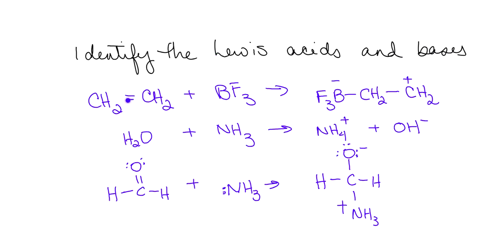This must have donated a pair of electrons, in the form of a pi bond. So who accepted it? Well, the boron accepted it. That's why I have a negative formal charge. So this donates a pair of electrons. This is my Lewis base. If my boron trifluoride accepted those electrons to form this bond right here, then this is my Lewis acid.